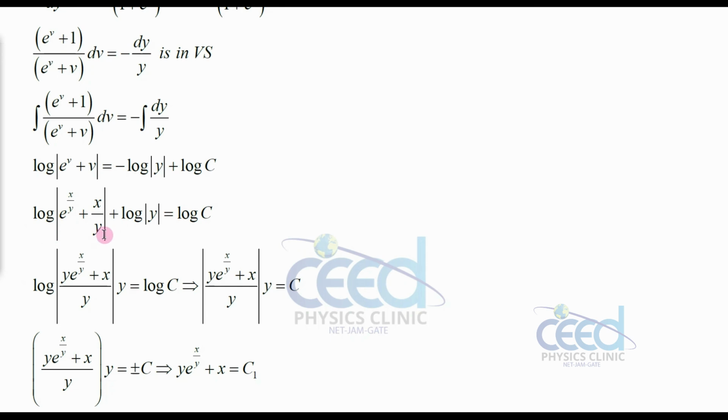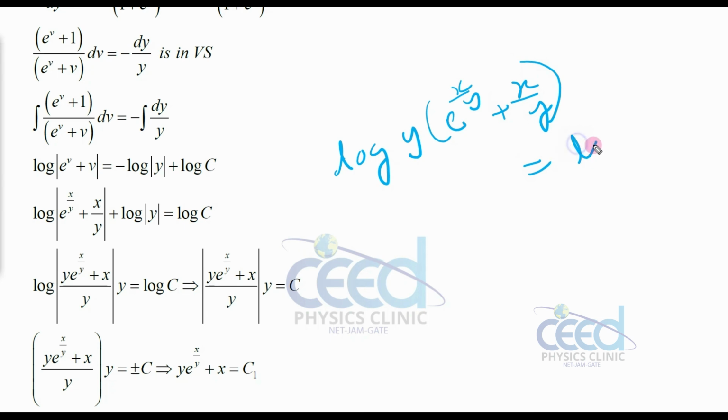More precisely, I can write this as y into e raised to x by y plus x by y into y. So I am going to write log a plus log b: log of y into e raised to x by y plus x by y, that is equal to log c.